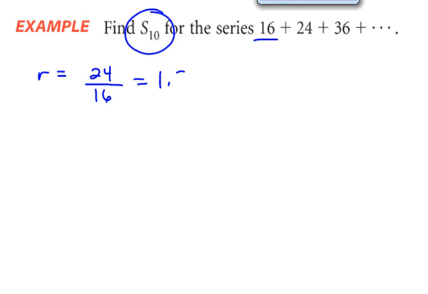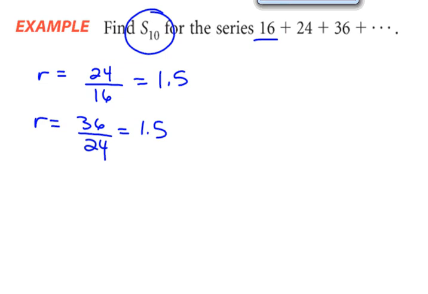We get 1.5. But I can't just do one. I have to confirm that this common ratio exists over and over again. So now let's do 36 divided by 24, and we also get 1.5. So I'm identifying the common ratio as 1.5.